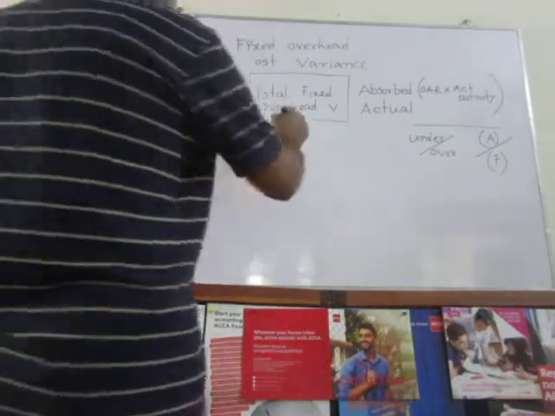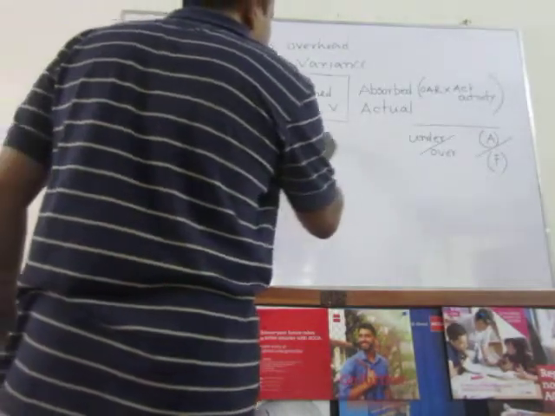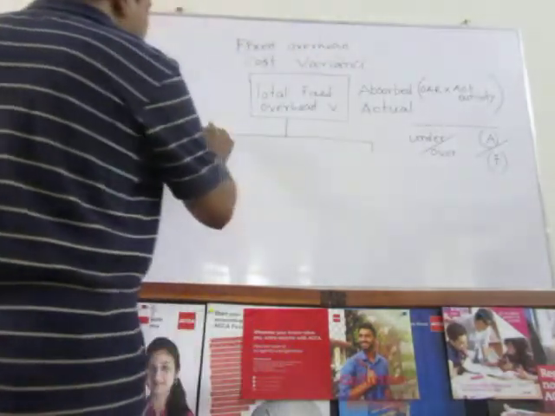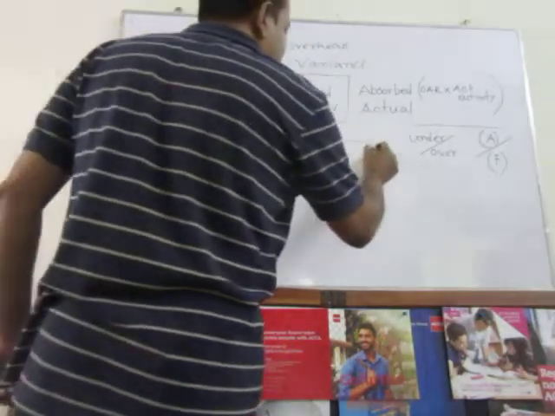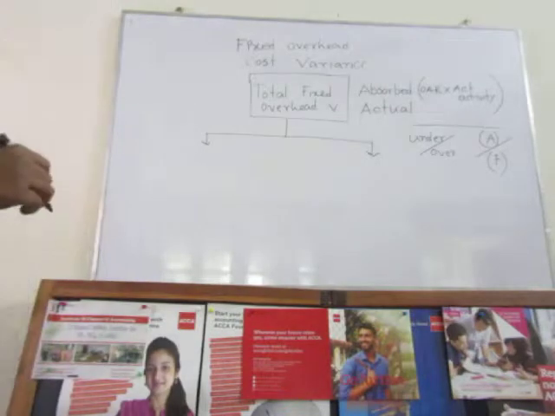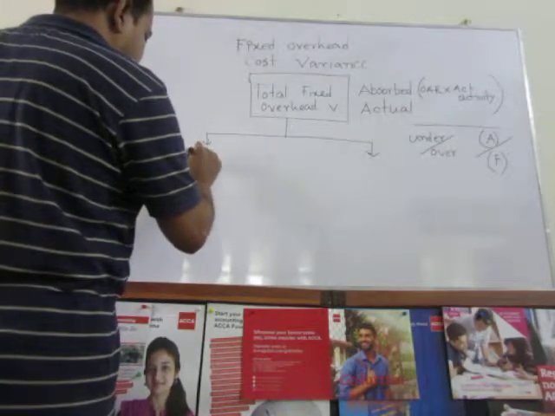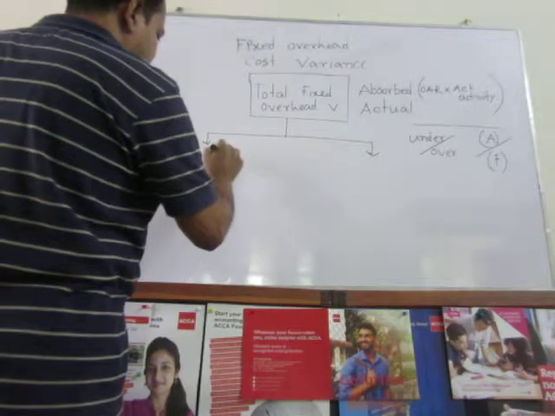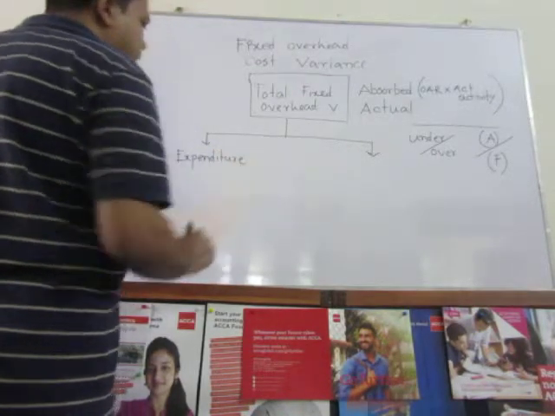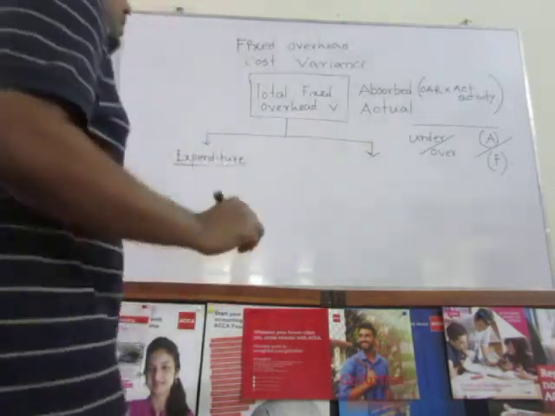Then this fixed overhead variance can also be subdivided into different sub-variances. One is expenditure variance, another is fixed overhead volume variance.